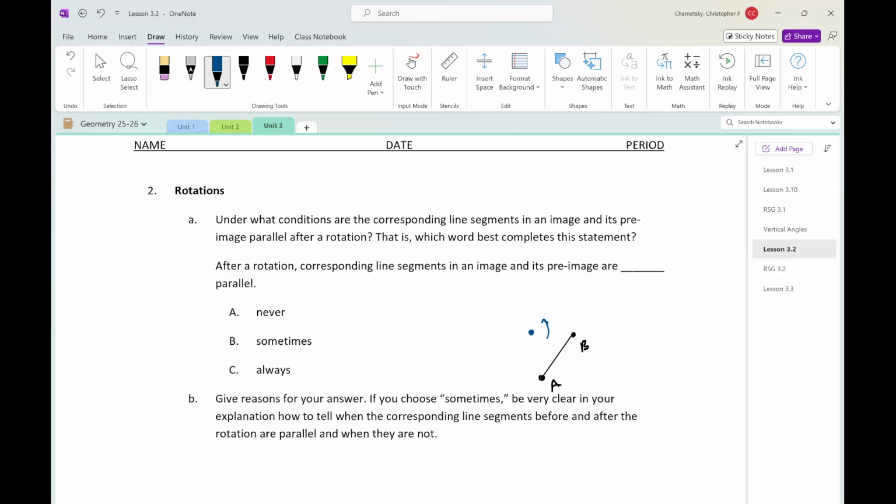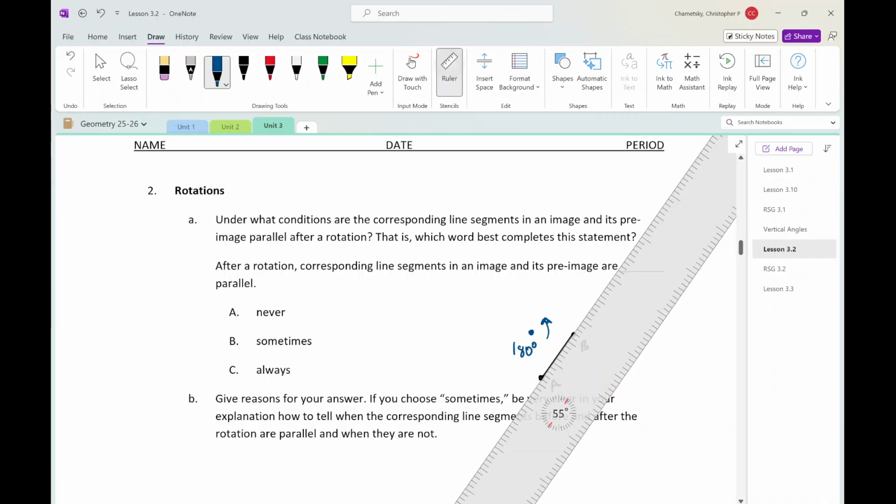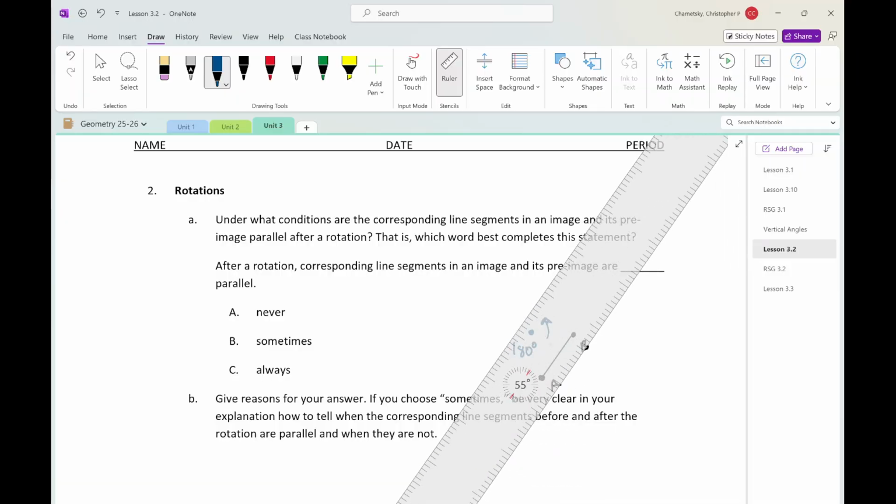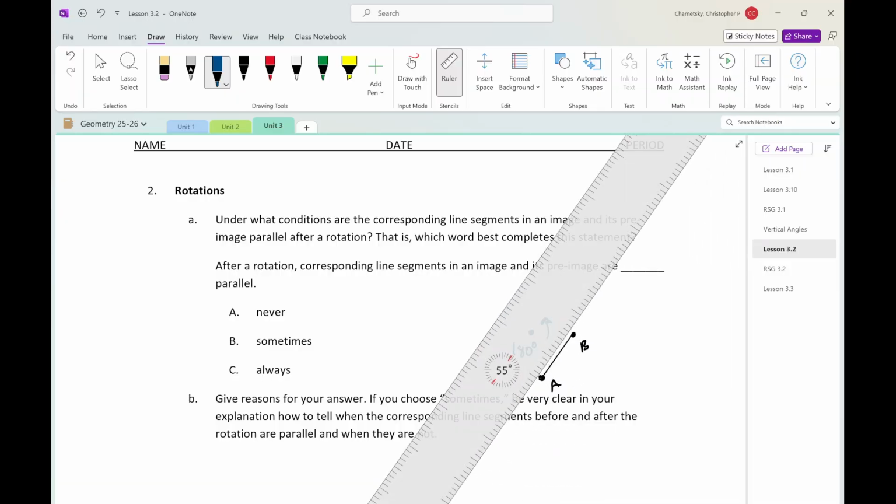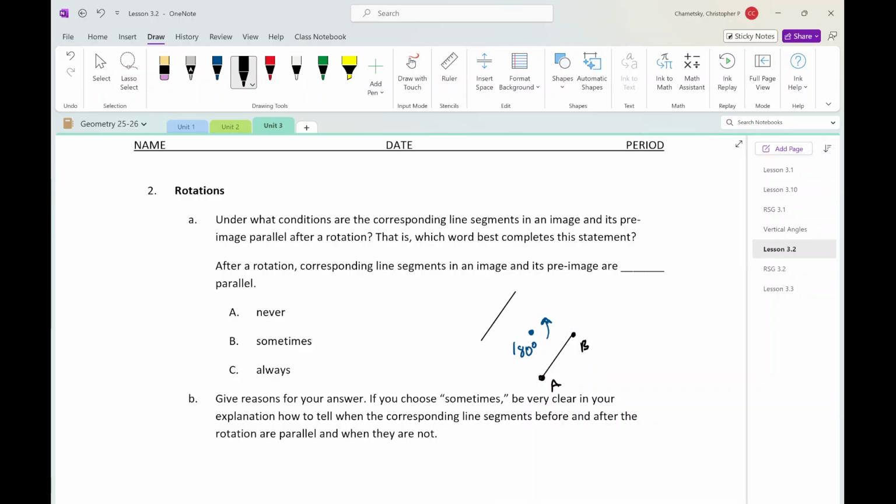But if we were to rotate 180 degrees, well, if we spin around that 180 degrees, our segment is going to end up flipped around. A prime will be over here, B prime will be over here, and we'll be parallel.